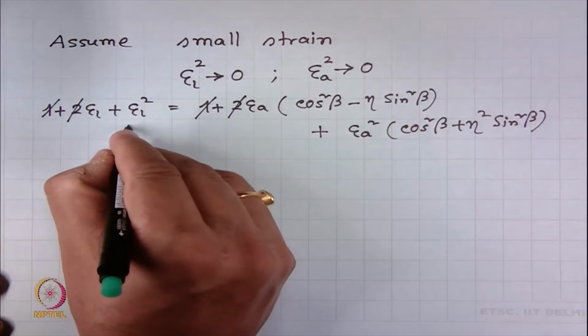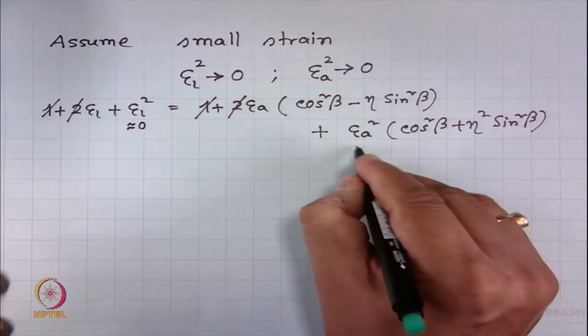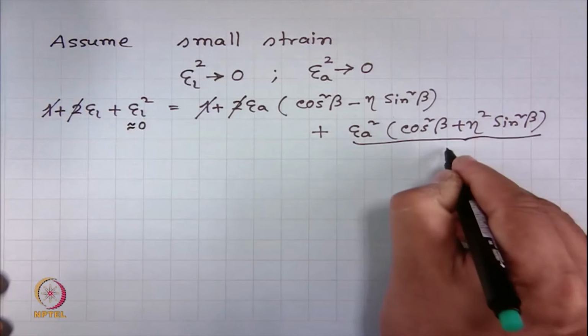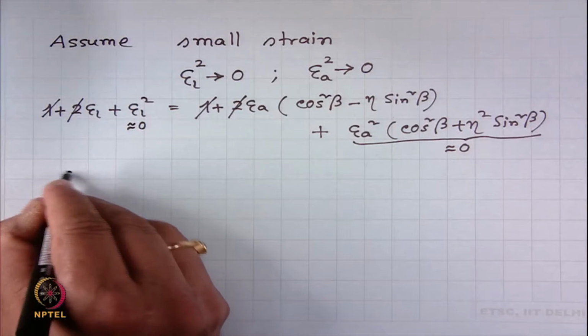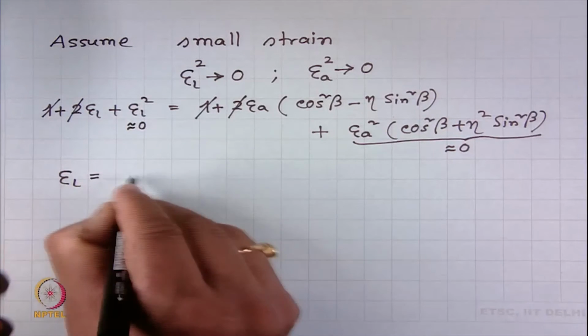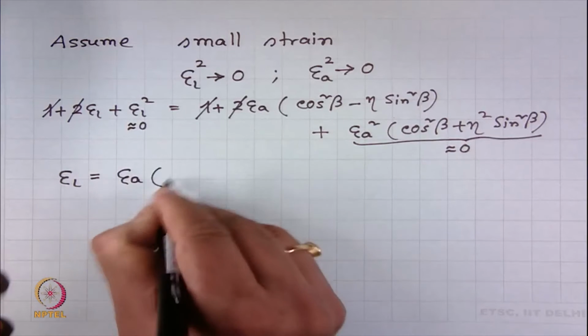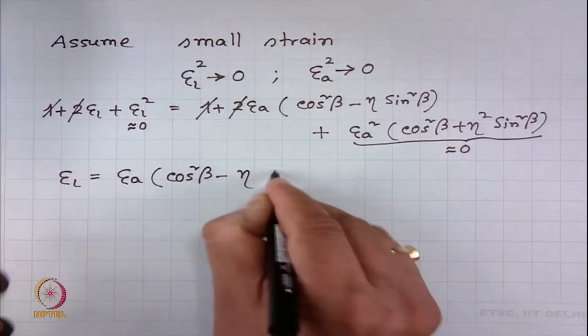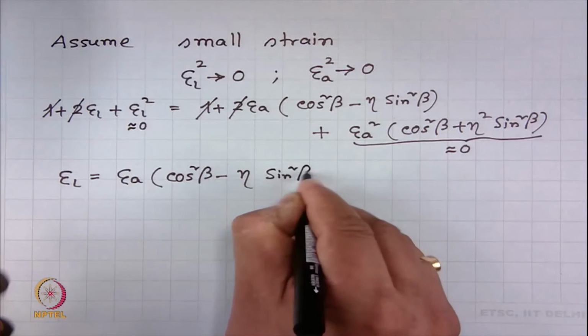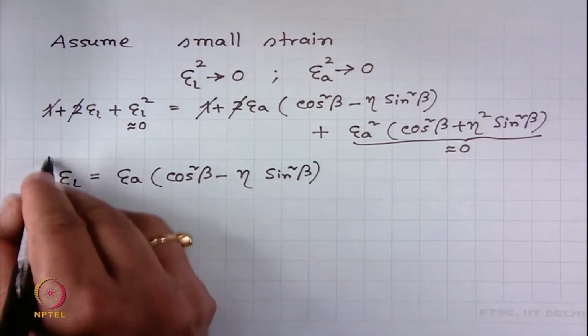So, this is approximately equal to 0, and this is also 0. So, what we obtain is the fiber strain equals yarn strain into cos square beta minus eta sin square beta.